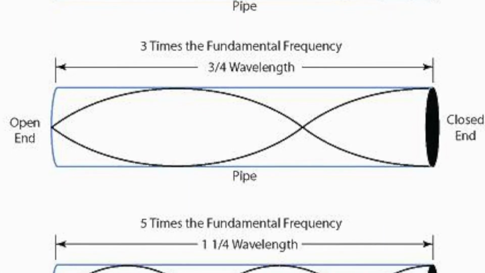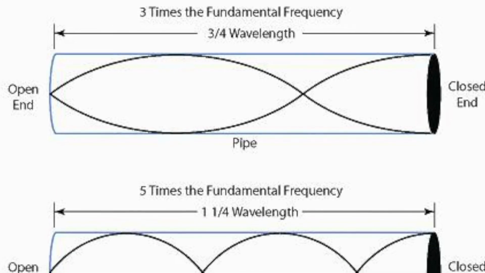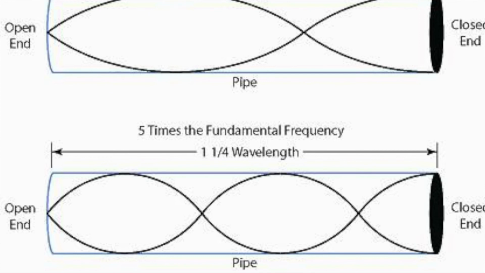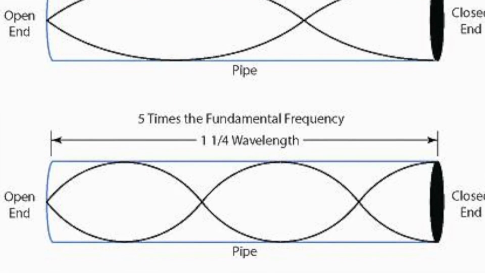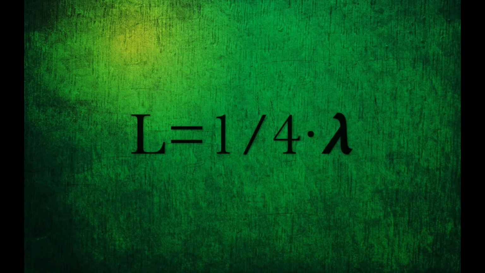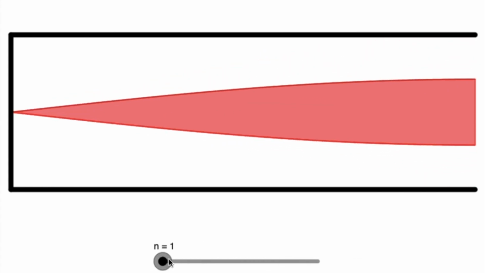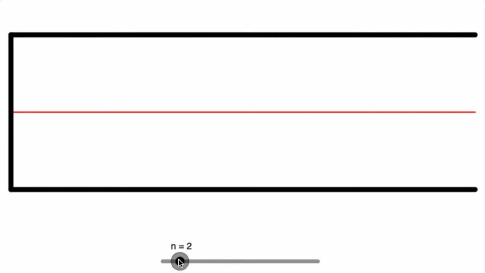This relationship says that the addition of an extra node also means that an extra antinode must be added to the pattern. There is 1/4 of a wave in any given length of the tube. The formula is length is equal to 1 divided by 4 times the wavelength. So, we have the first harmonic and we don't have the second.